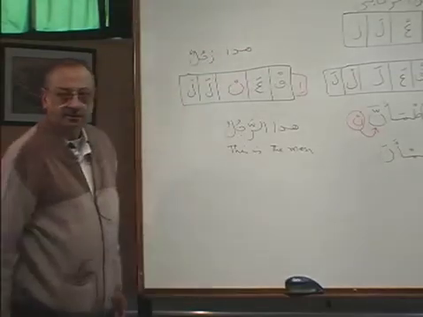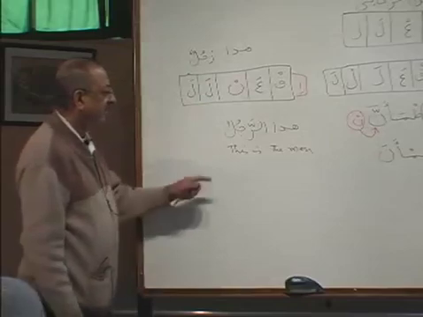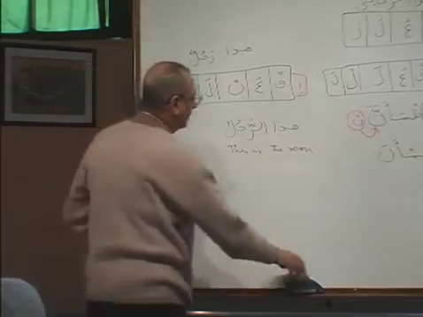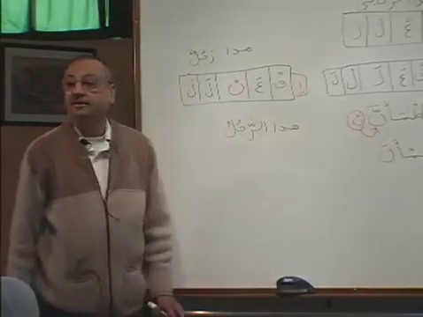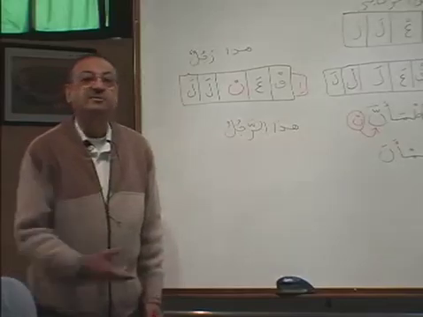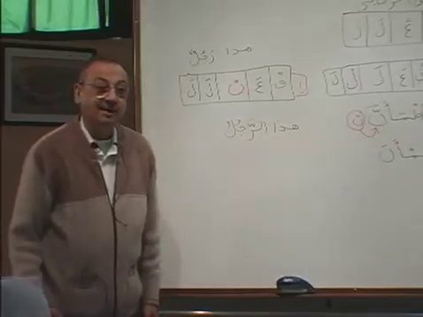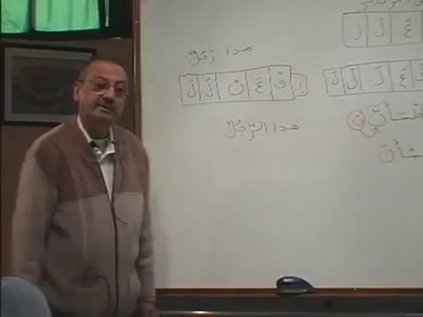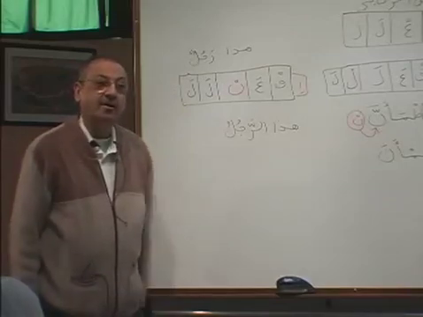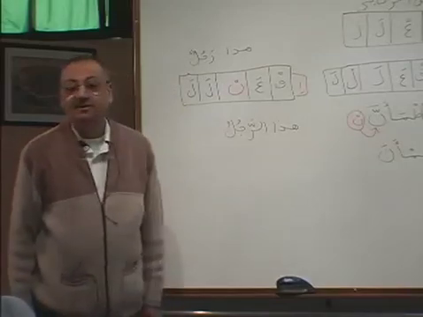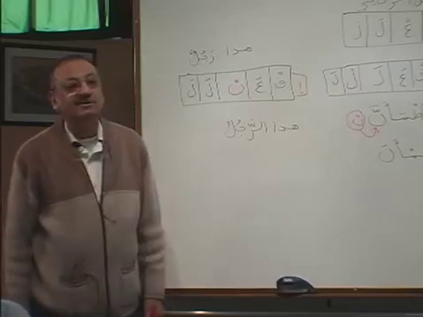Mubtada khabar. Okay, brothers and sisters. But if I do not write the meaning, you may translate this as this man. You can translate both ways. This is the man or this man. Which is the correct translation?